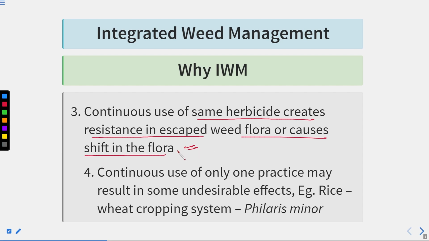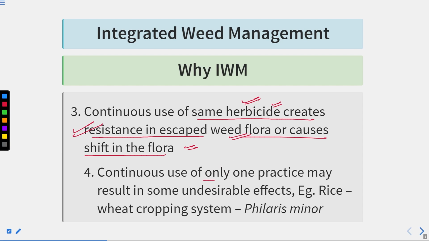If every time you use a single type of herbicide to control a weed, the weed can develop resistance against that herbicide, and over time you can see that the weed flora is having no effect after spraying the herbicide.